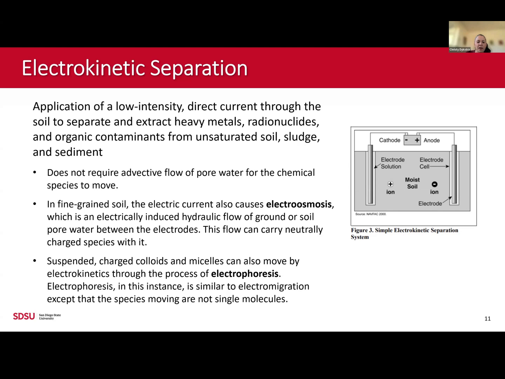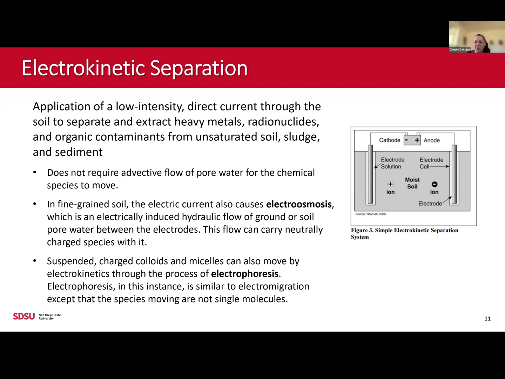So if we have really fine-grained soil, in some cases, we can actually achieve electroosmosis, which is this electrically induced hydraulic flow of the ground or soil pore water in between the electrodes. And so this is where we start to see the soil almost acting like a membrane separating the anode and the cathode.